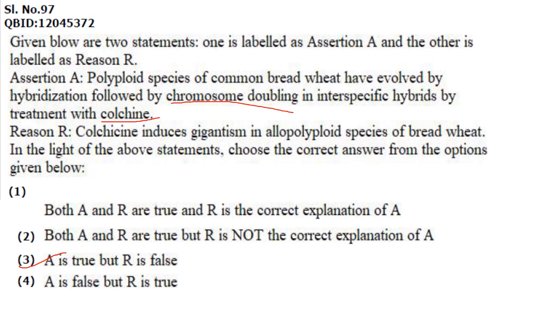Colchicine induces polyploidy by preventing the segregation of chromosome. That is why here chromosome doubling has happened. So A is correct but R is false. Answer is option 3.